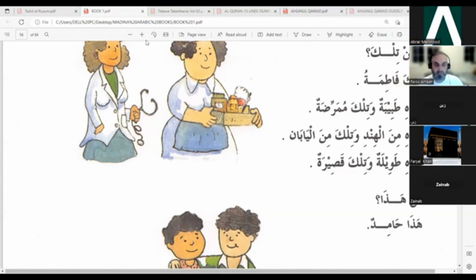Next: hazihi minal hindi wa tilka minal yabani. She's from India, is it? Hadihi minal hindi. Watilka minal yabani.